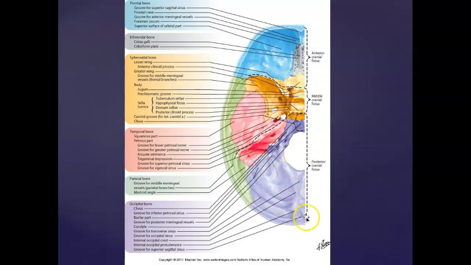And right here on the sides of the sigmoid sinus, you can see there's these little pits. These little pits are places where the arachnoid granulations protruded into that sinus for reabsorption of the cerebrospinal fluid, and this is where the bone has ossified around them when they were in place.